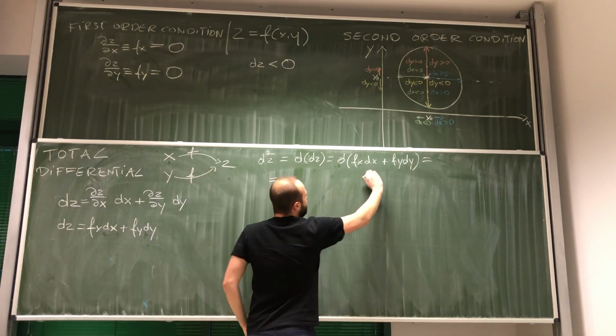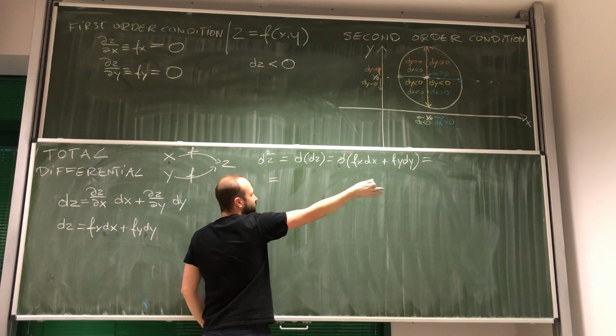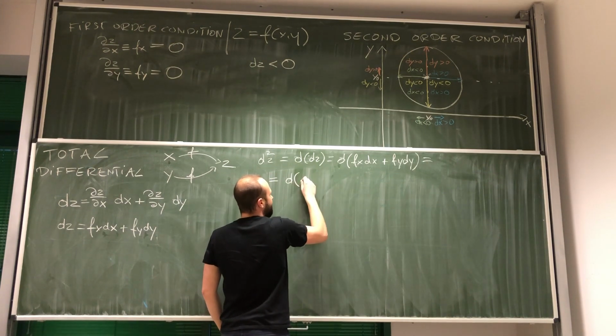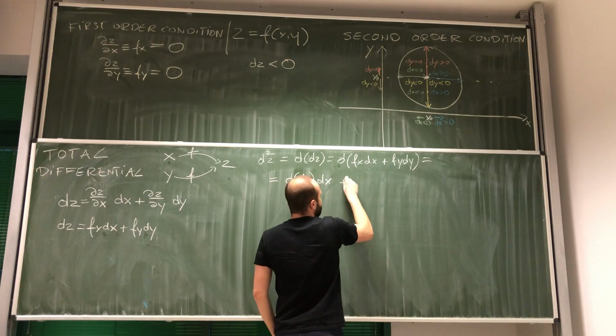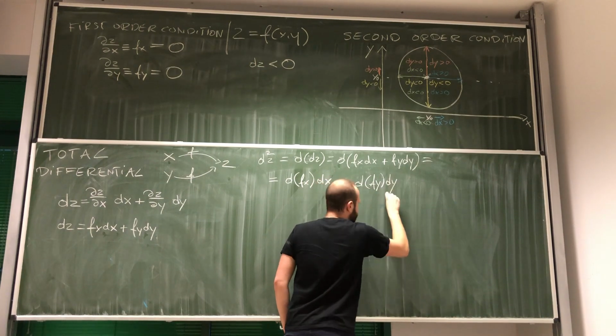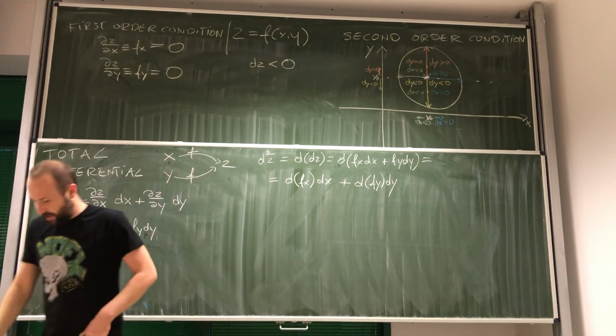So I can divide this into two separate expressions, and I can rewrite it a little bit differently as d(fx) dx plus d(fy) dy.